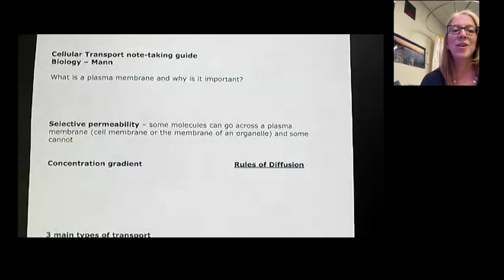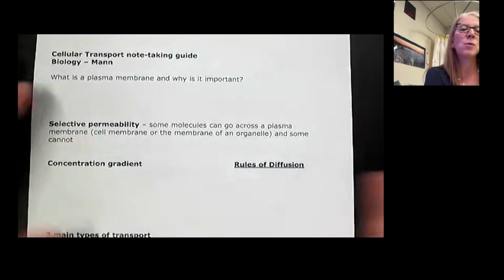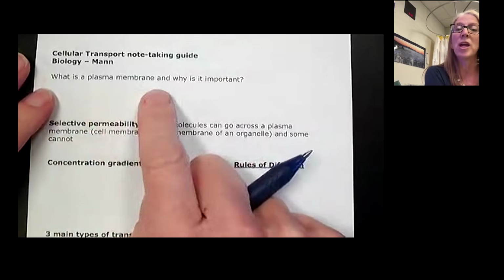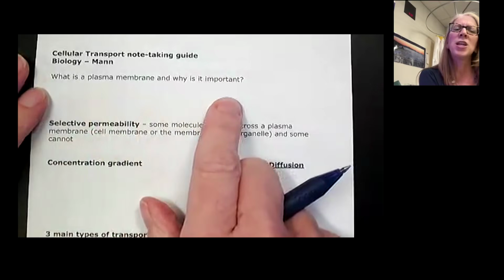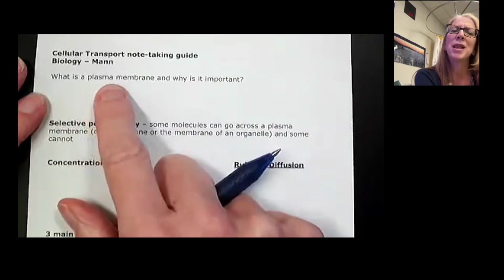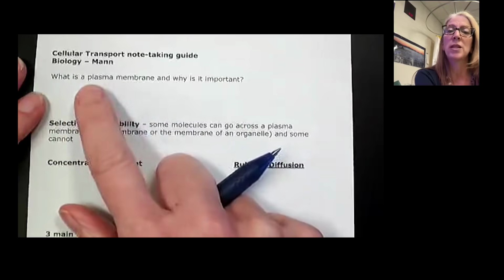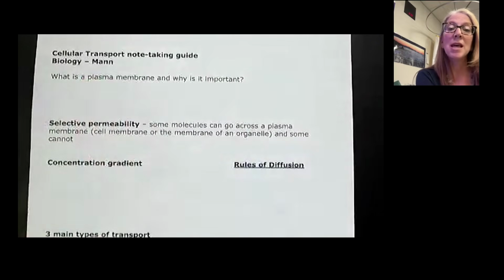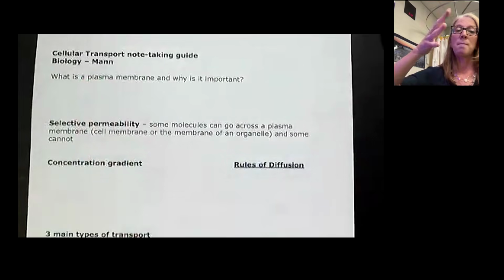So the first thing here that I've included is a question. We're saying, well, what is a plasma membrane and why is it important? And you may wonder, why did I use the word plasma membrane instead of saying cell membrane? And I did that on purpose because the cell membrane is really the outside of every kind of cell.